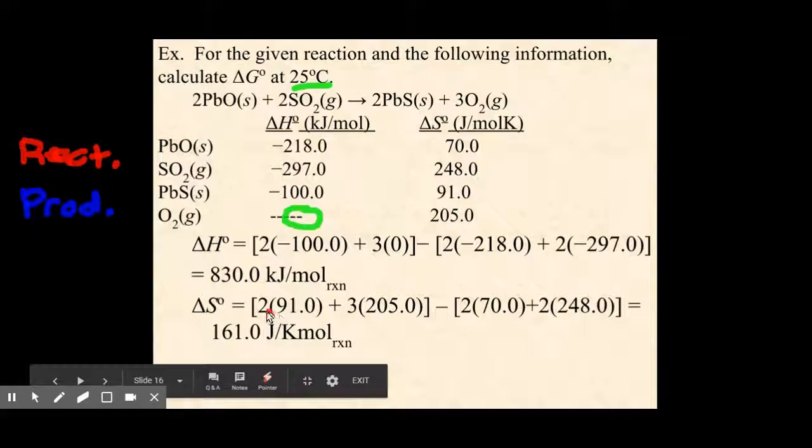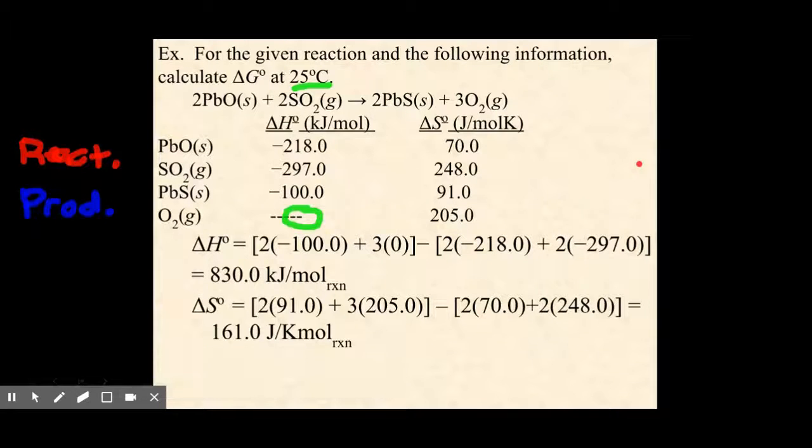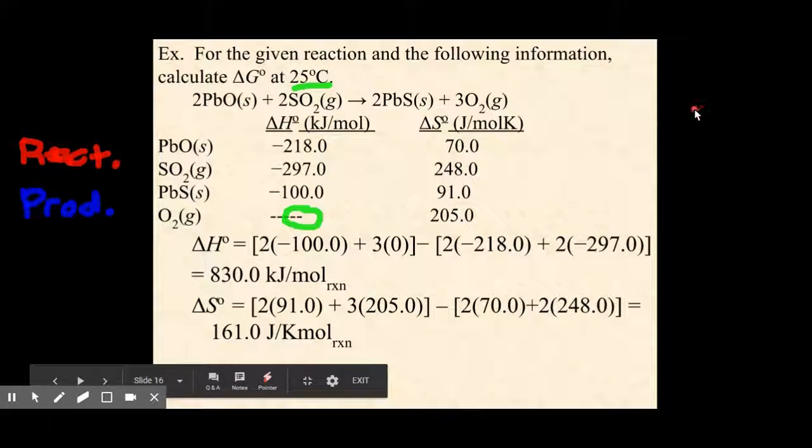So 2 times 91, that's the 91 right there, and then 3 times 205, minus 2 times 70, and then plus 2 times 248 will now equal 161 joules per Kelvin mole of reaction. That's my standard entropy of reaction.